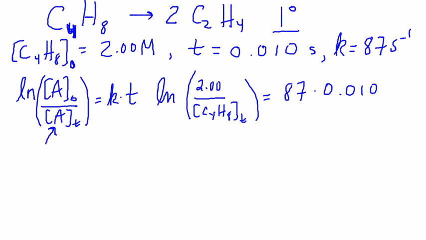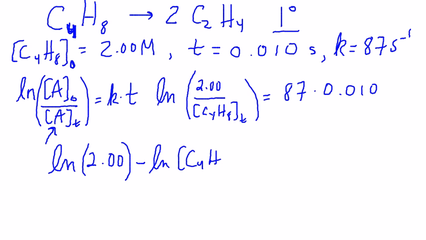There's a couple ways we can approach this. If we expand this expression out, the natural log of 2 over C4H8 becomes ln of 2 minus the natural log of C4H8 at time t.